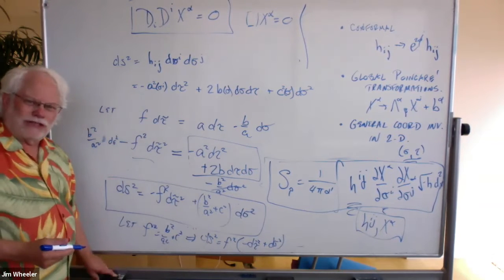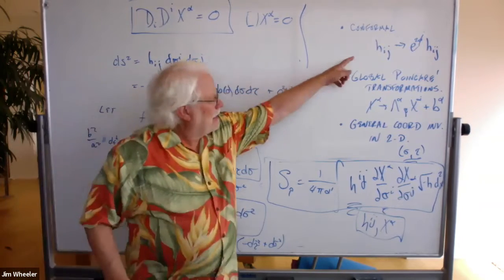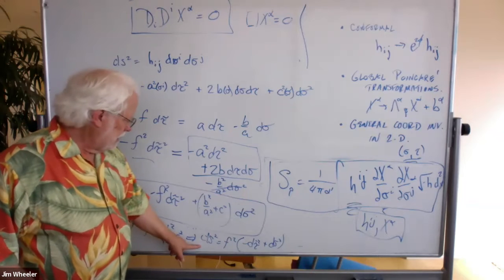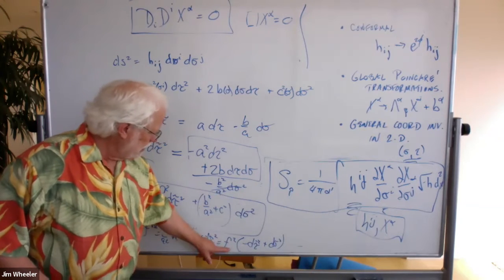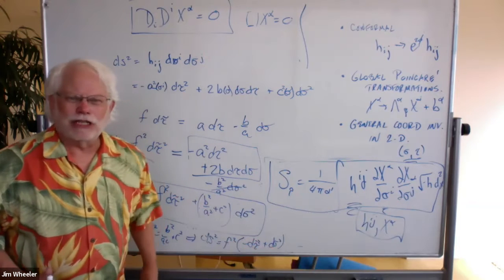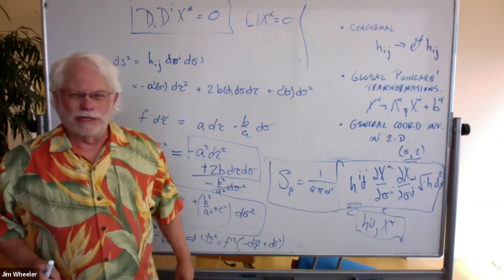That's a conformal transformation. So since I can replace h by any multiple of h, I can choose that multiple to be 1 over f squared, and I'm left with the Minkowski metric as the metric on the world sheet.